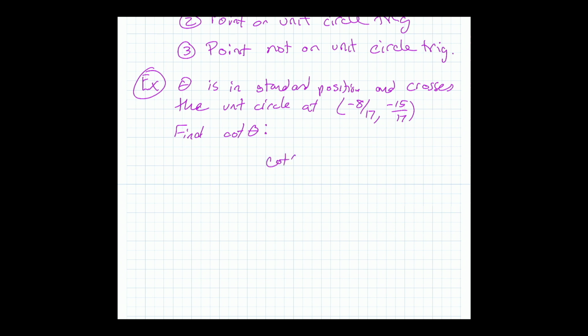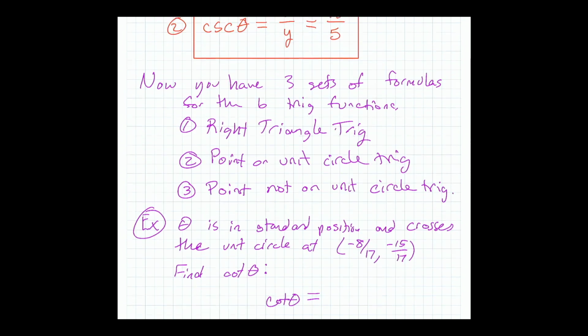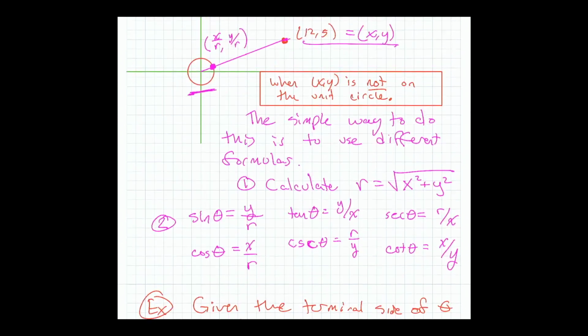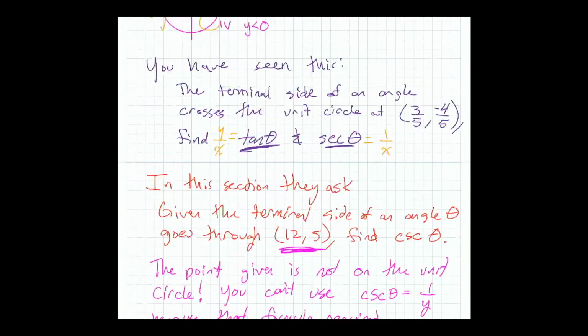All right, so how are we going to do this? We've got cotangent theta. What formula do we need? Well, we could use this, right? But this set of formulas is supposed to be when xy is not on the unit circle. So we could do this, but it'll be too much extra effort. So let's scroll up.